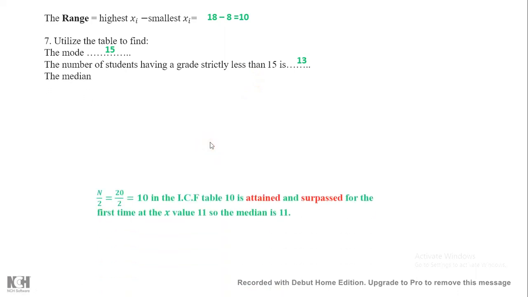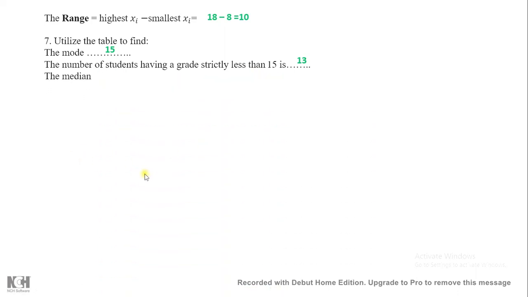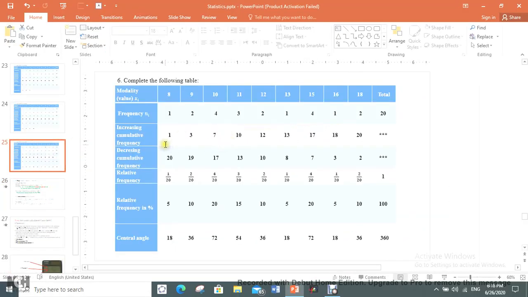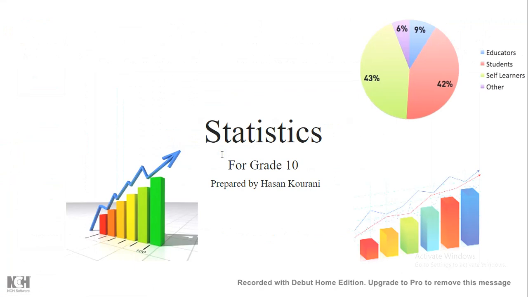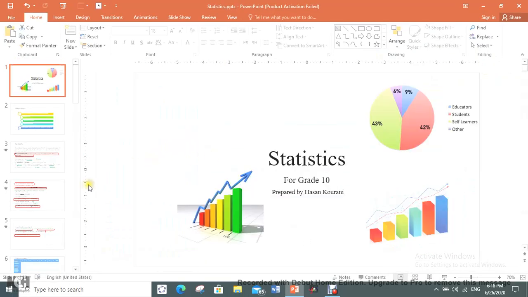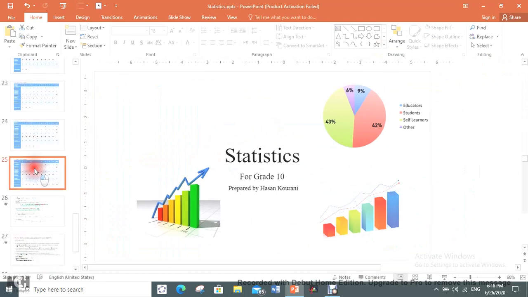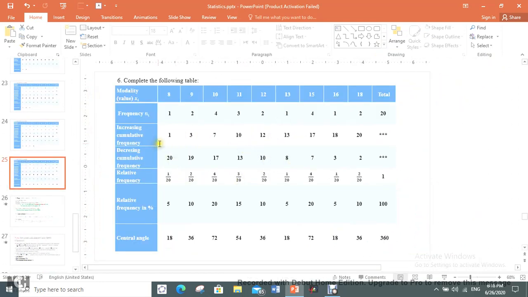The median, how to find the median? Going back to the last table, from the ICF table, first find n over 2, total over 2, which is 20 over 2, which is 10.